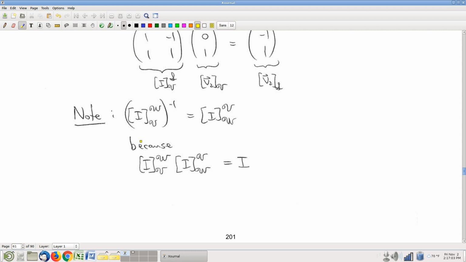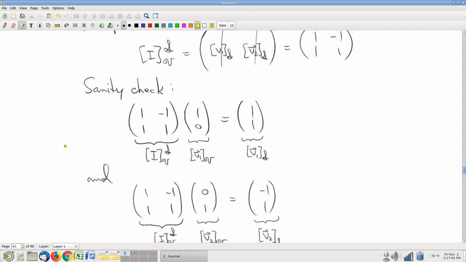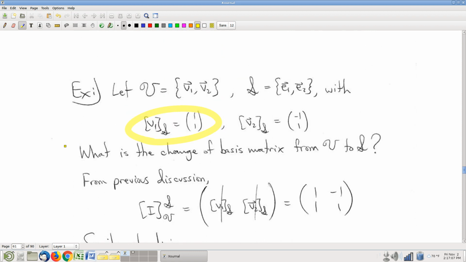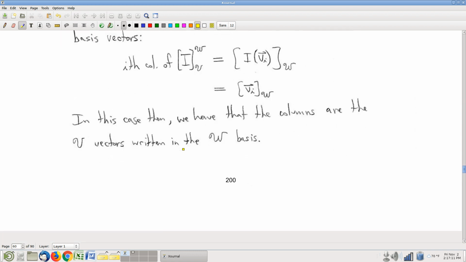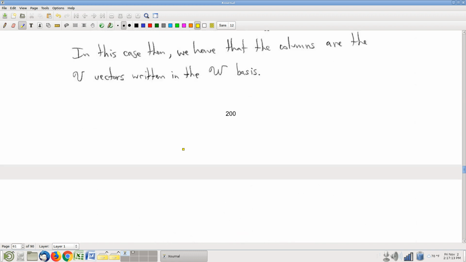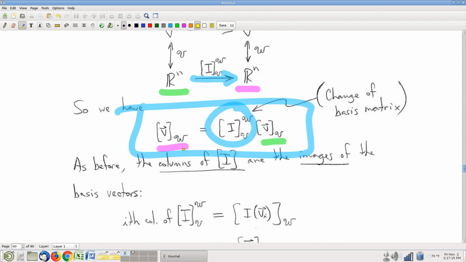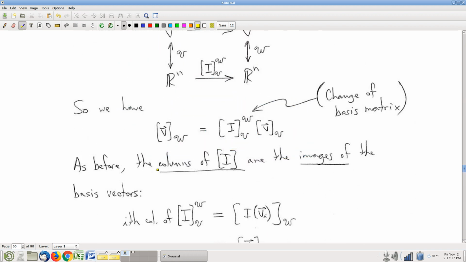Okay, a little bit of semantics that we have to talk about, and this is uncomfortable. Let's look at this equation.